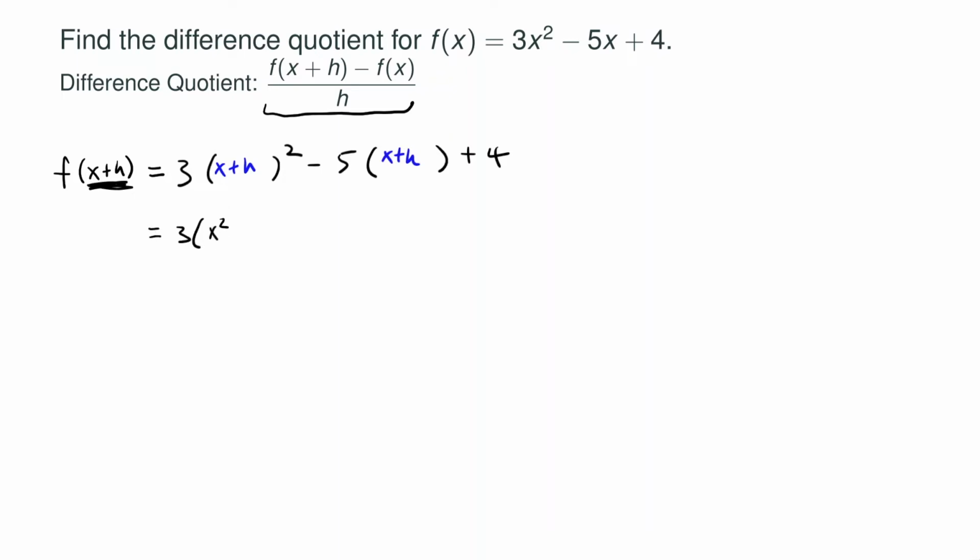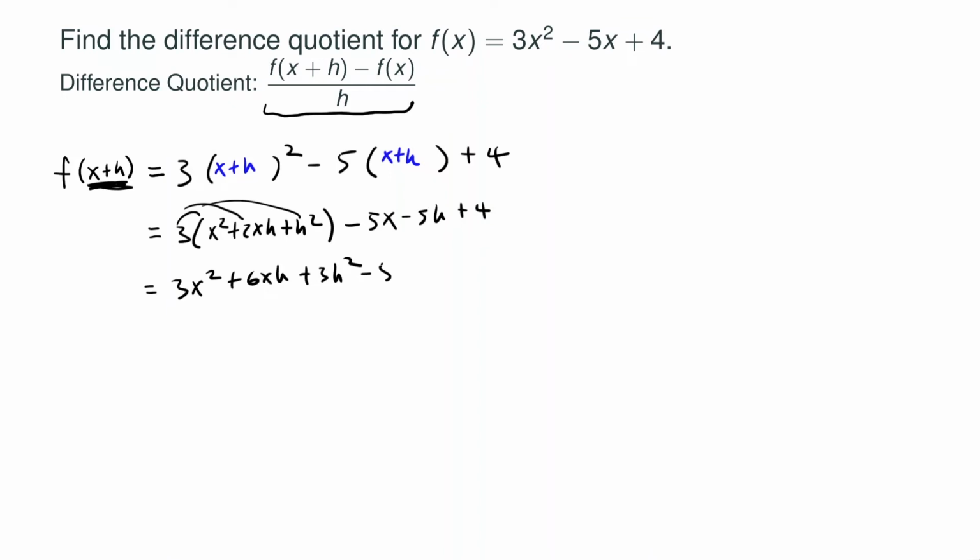We get x squared plus 2xh plus h squared, minus 5x minus 5h plus 4. Then we distribute: 3x squared plus 6xh plus 3h squared minus 5x minus 5h plus 4. Now this entire expression represents f of x plus h for this function.